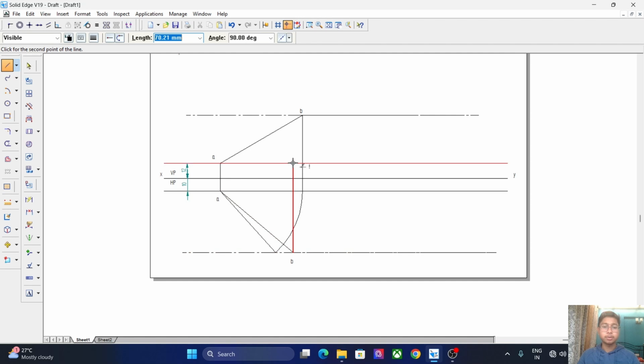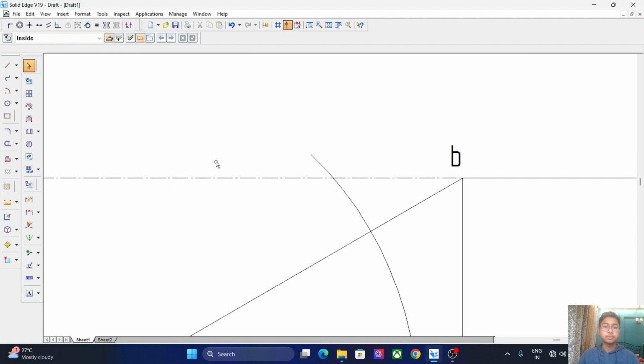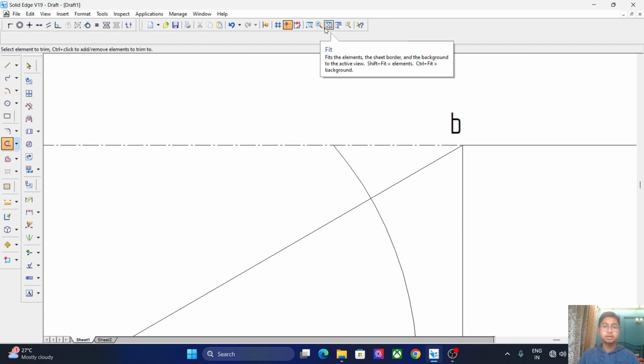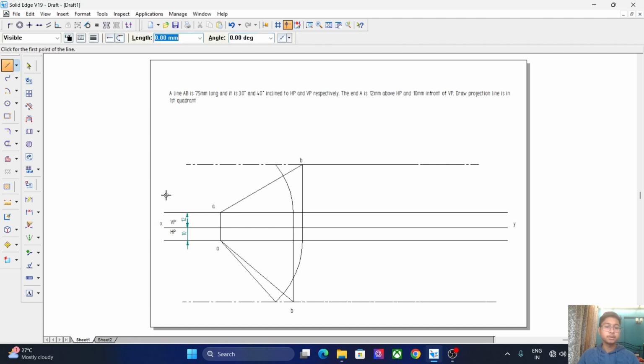We will draw a perpendicular, take arc by center point, and now we will bisect the loops. We will trim the unwanted parts, and we will join the ends.